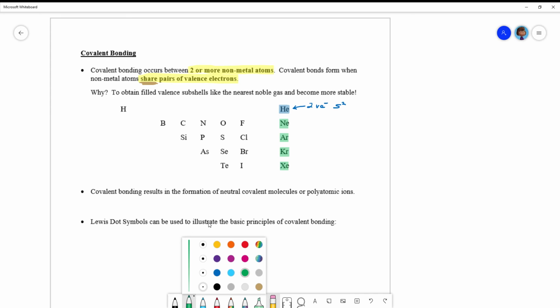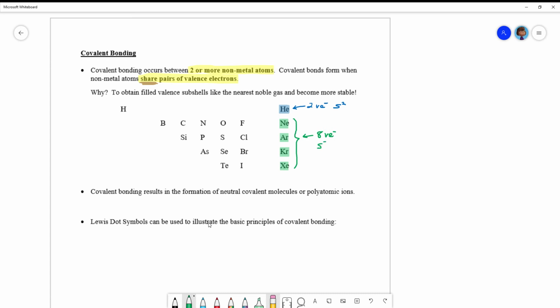However, these elements do have 8 valence electrons, just like their group number. These 8 valence electrons are in an s2 p6 configuration. The s is filled with its 2 electrons, and the p orbitals, 2 apiece, are filled with 6 electrons total.